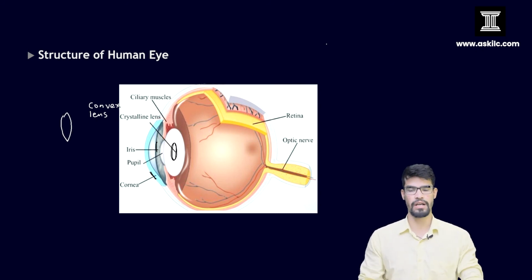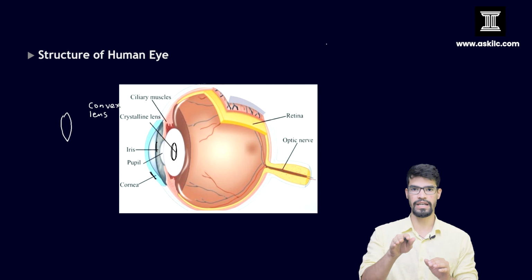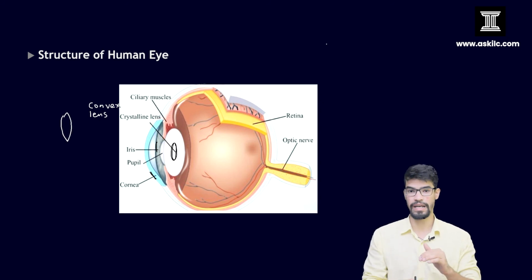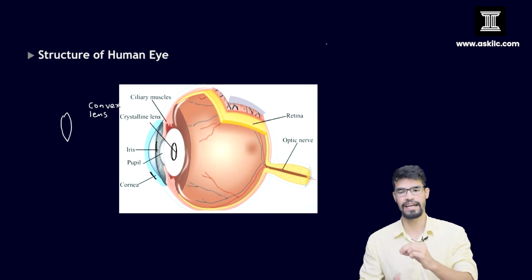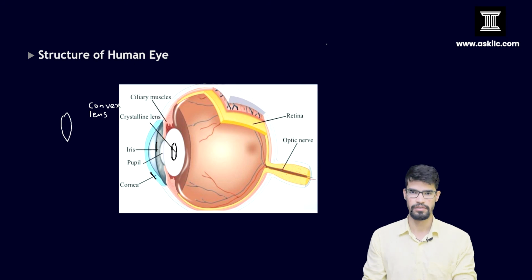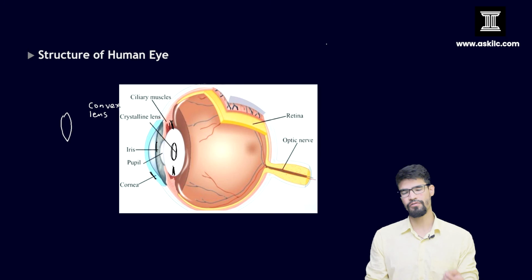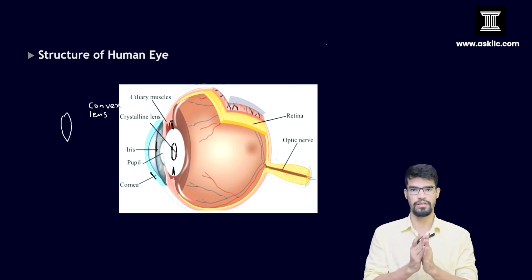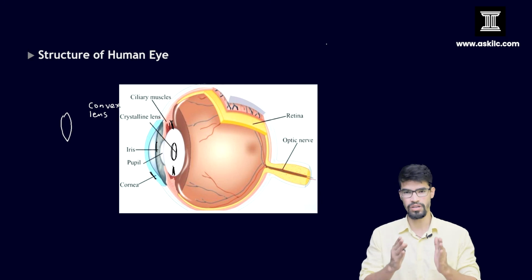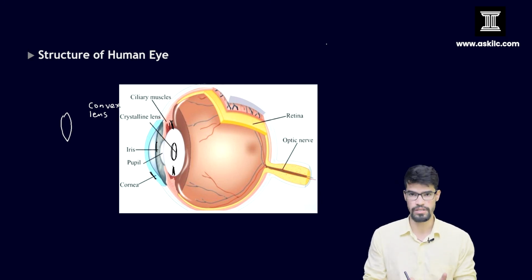So obviously, sir, light falling on the lens parallelly to the principal axis will converge exactly to other side of the lens. Okay, and these muscles that you see here, which control how thick or how thin the lens will be. Sir, why is there a need, first of all, right? Why is there a need that a lens needs to become thin or thick at different or certain situations?